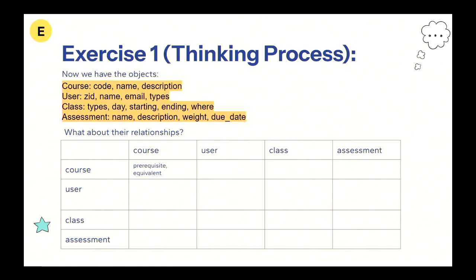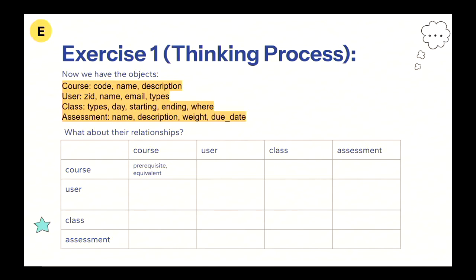This course is an undergraduate version of the database systems course. There's a postgraduate version of the DBMS course, which has the course code 9311. So some courses are equivalent. These are the relationships between courses.